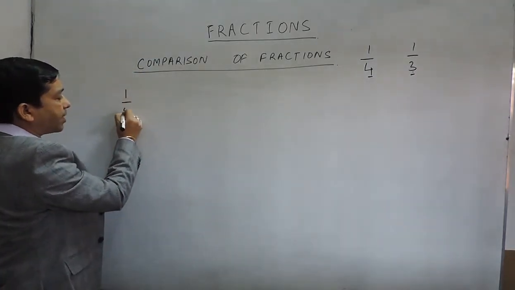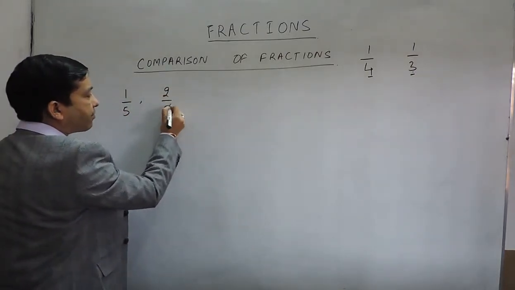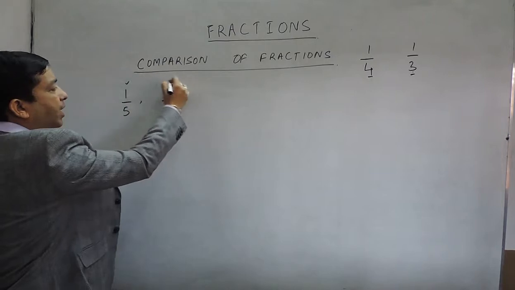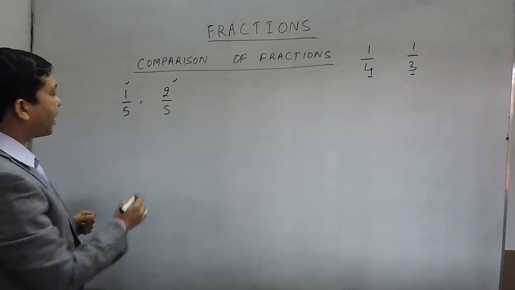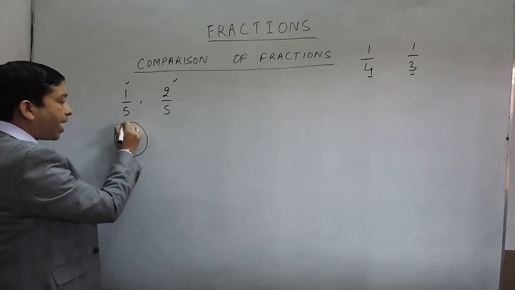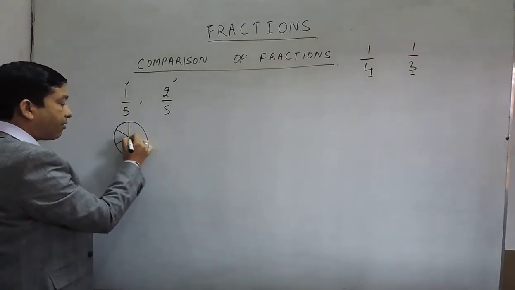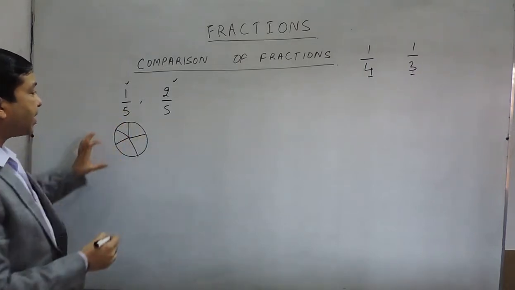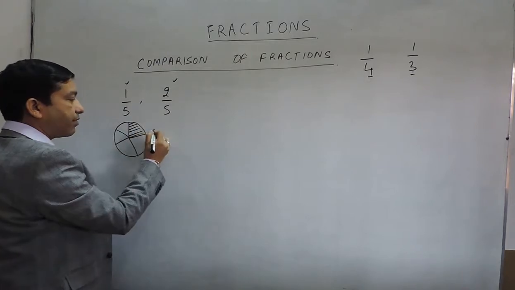Suppose I am saying there is a number 1 upon 5 and another number 2 upon 5. When I talk about like fractions, where the denominator is the same, it is very easy to compare these. When I say 1 upon 5, I have converted the pizza into 5 portions and taken 1 out of these 5.